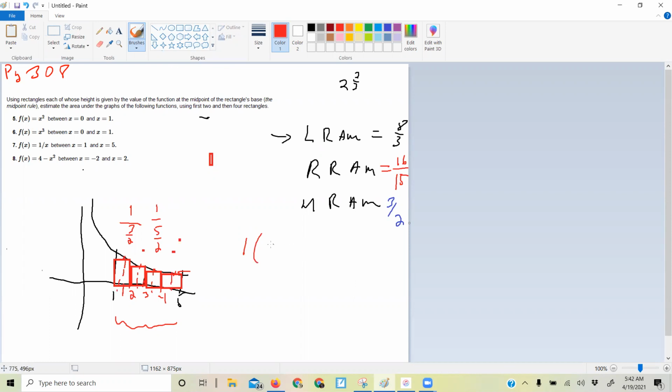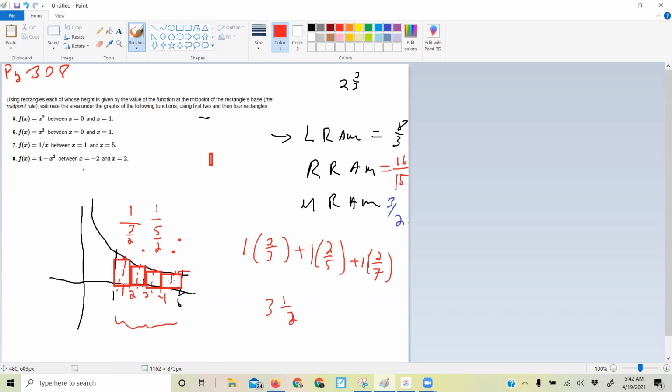So 1 over 3/2 is 2/3. Plus 1 wide times 1 over 5/2 is 2/5. Plus 1 over, let's see, 3 and 1/2 is 7/2, right? So times 2 over 7.